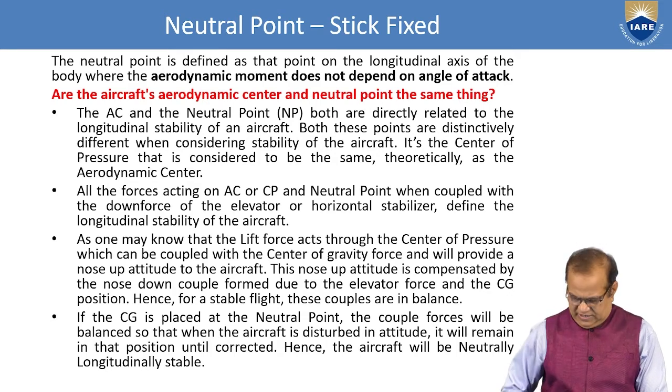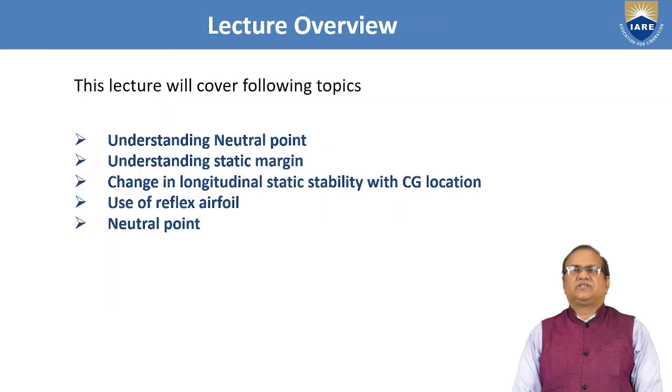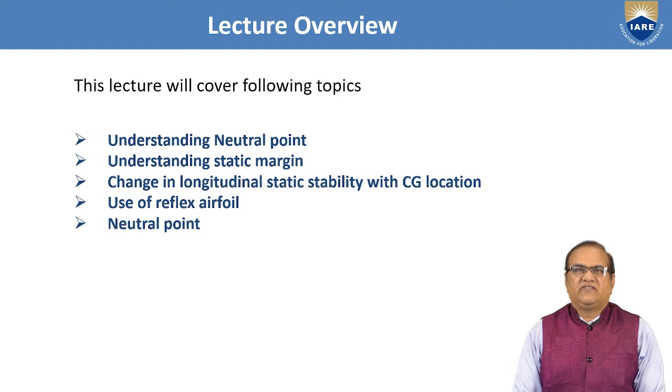Before I start, I should just revisit the lectures. In my previous lectures, I started with the definition of stability and different motions. Out of that, a few motions are statically stable, and a few motions are dynamically stable.